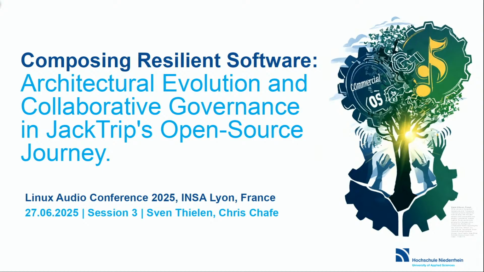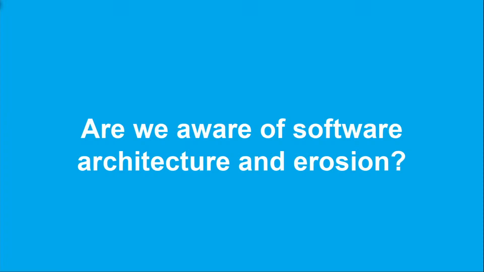And to ensure methodological transparency, the analyzed JackTrip versions refer to a certain historical phase in its evolution. However, architecture erosion is still a topic of current research and requires further work, especially when talking about case studies on open source software.